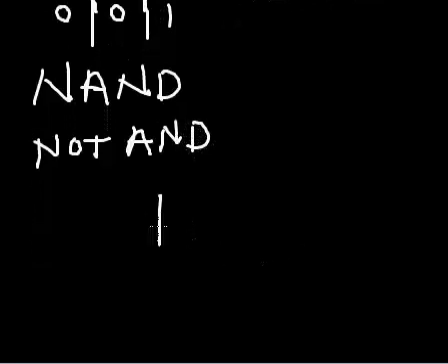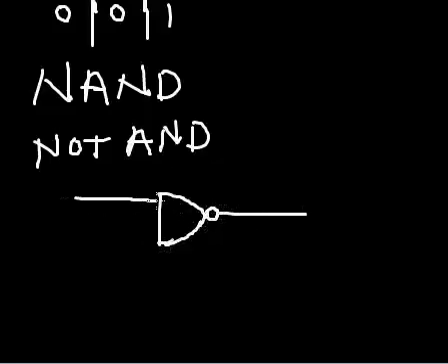The symbol of the AND gate still remains, but the output is being inverted. So let the inputs still be A, B, and of course the output being Y.